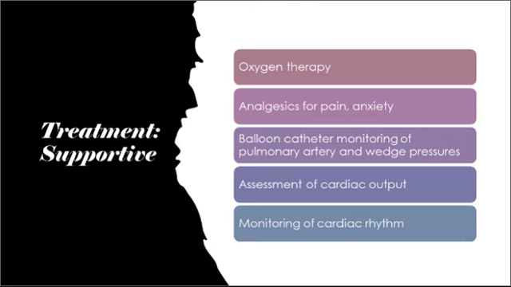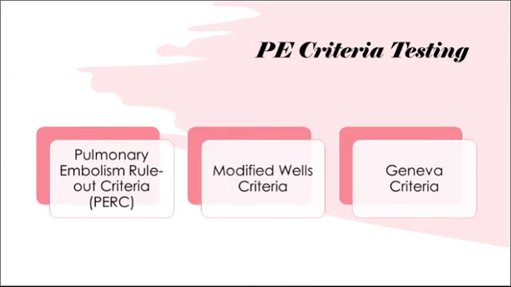You put in a Swan-Ganz, it gives you your right atrial and right ventricular pressures. It goes into the right pulmonary artery, so it gives you your pressures in your artery. When you wedge it, it gives you an indirect reading of your left-sided heart pressures. So you're assessing your cardiac output, monitoring your cardiac rhythm, because you're looking for arrhythmias or decreased perfusion.